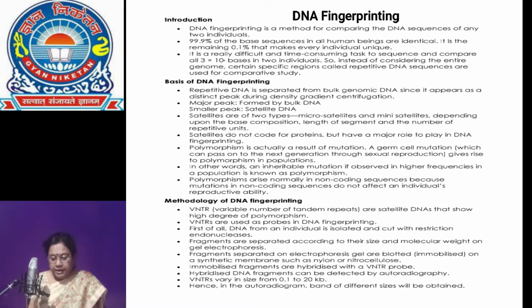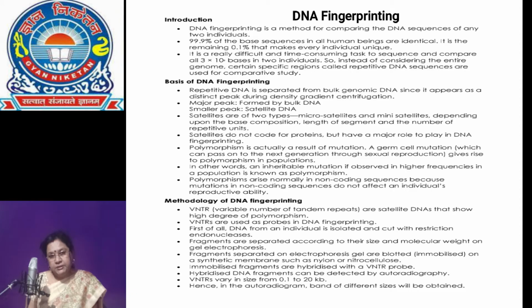Satellite DNA that shows a very high degree of polymorphism is called variable number of tandem repeats, VNTR. And these VNTRs are used as probes in the DNA fingerprinting process. The more the number of repeats, the higher the degree of polymorphism. The size of the VNTRs varies from 0.1 to 20 kilobases.